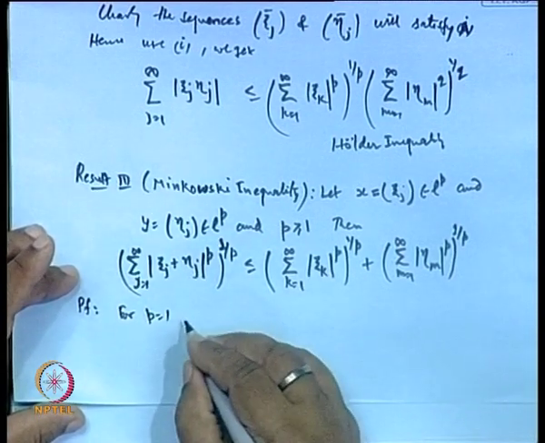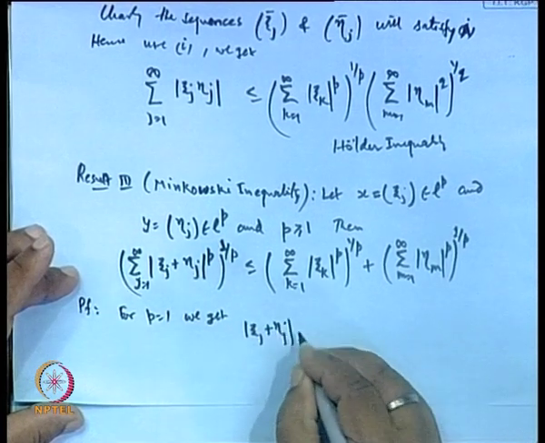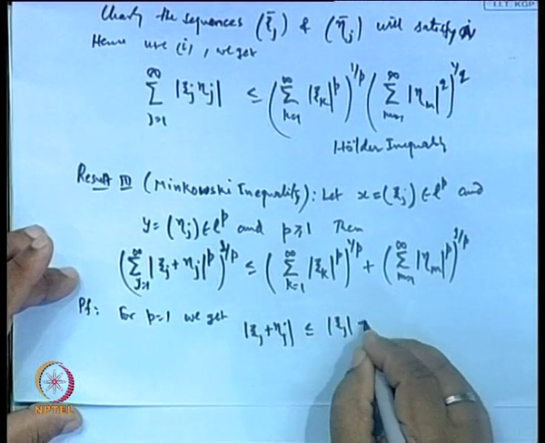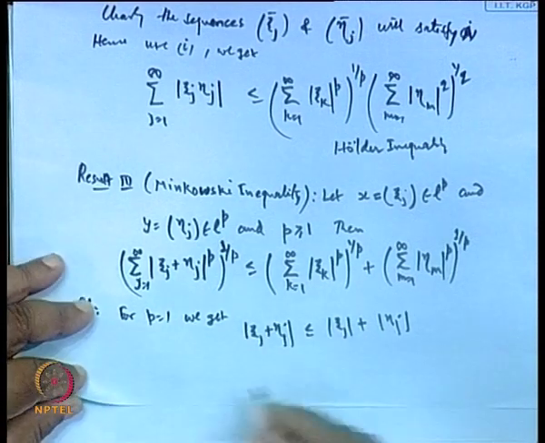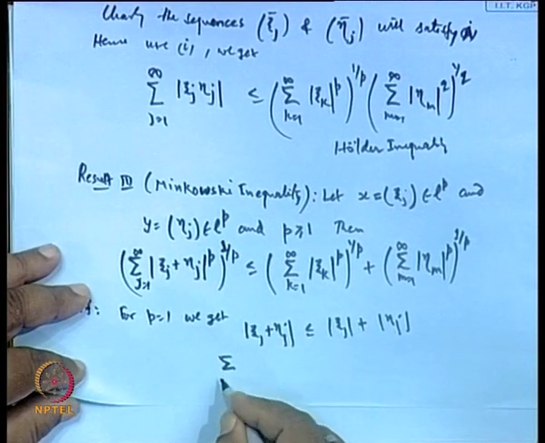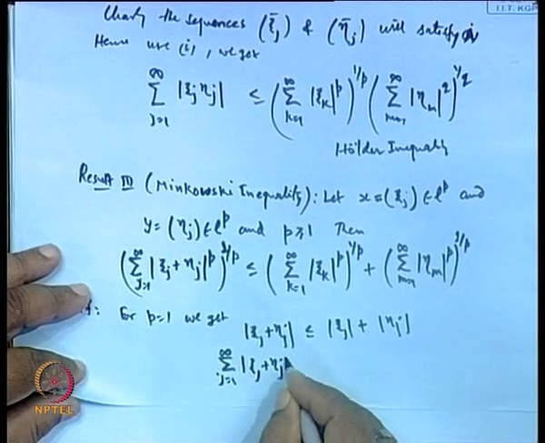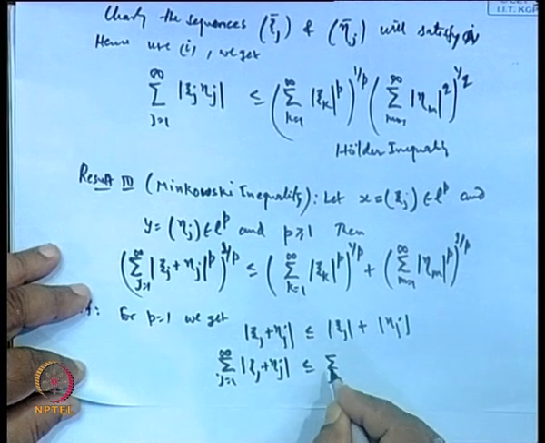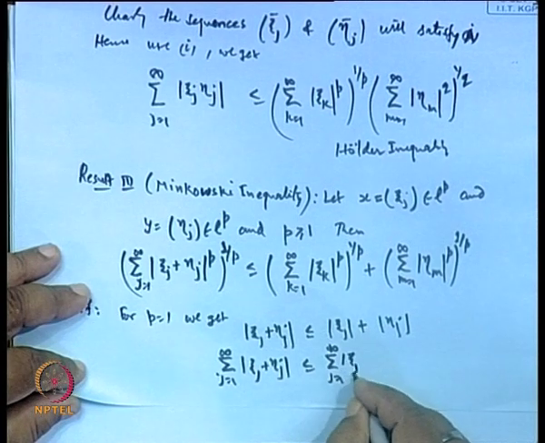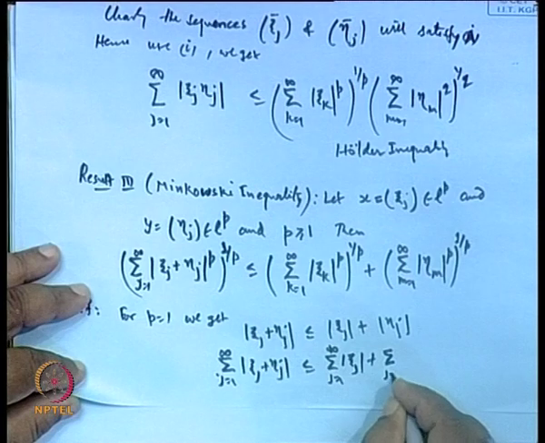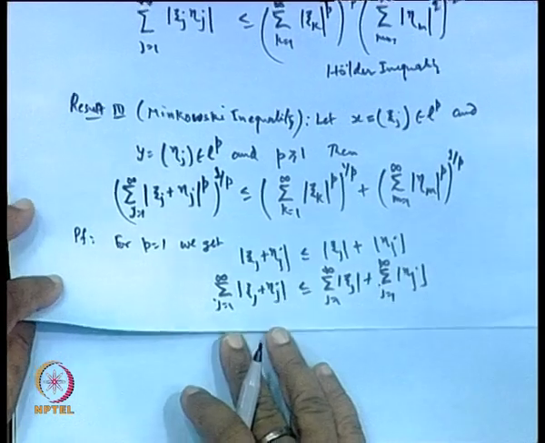For p equal to 1, we get |ξ_j + η_j| is less than or equal to |ξ_j| plus |η_j| because of the triangle inequality, and then take the summation, sigma j equal to 1 to infinity of |ξ_j + η_j| is less than or equal to sigma j equal to 1 to infinity of |ξ_j| plus sigma j equal to 1 to infinity of |η_j|. So, for p equal to 1, the result follows immediately.